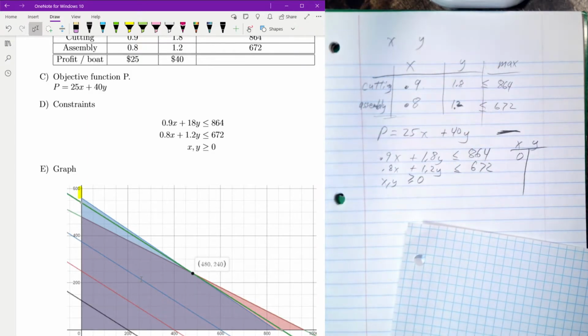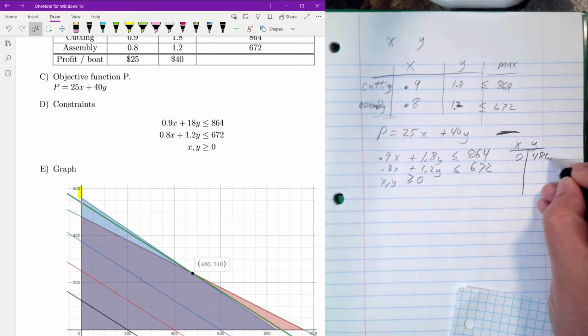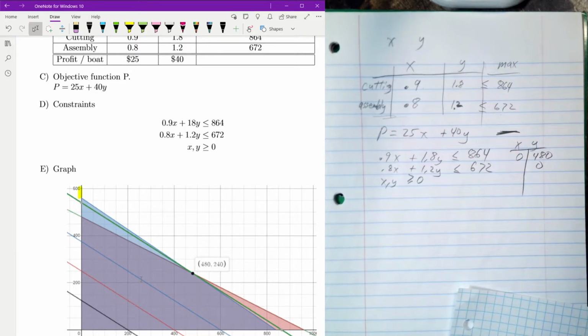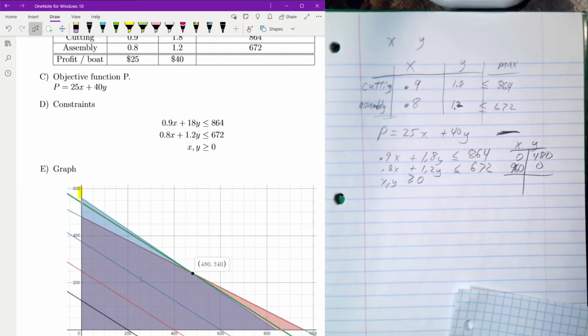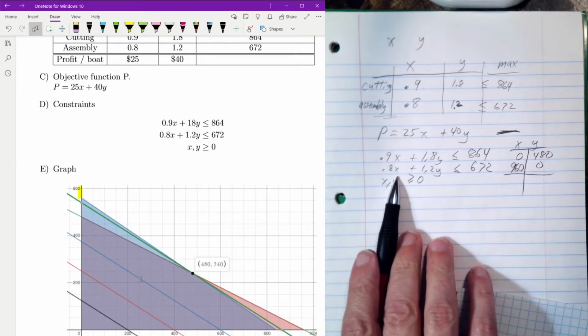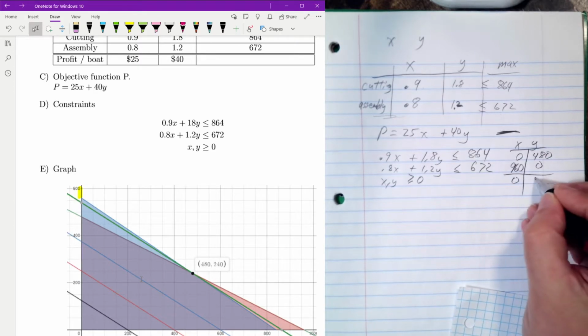Okay. So 864 divided by 1.8 equals 480. 864 divided by 0.9 equals 960. 672 divided by 1.2 equals 560.